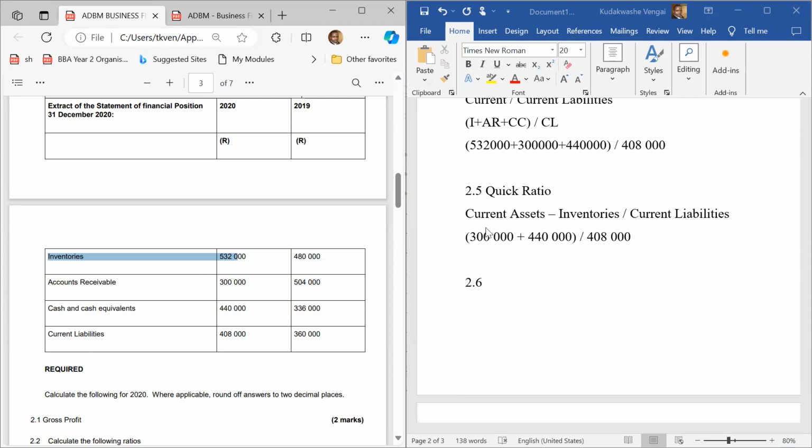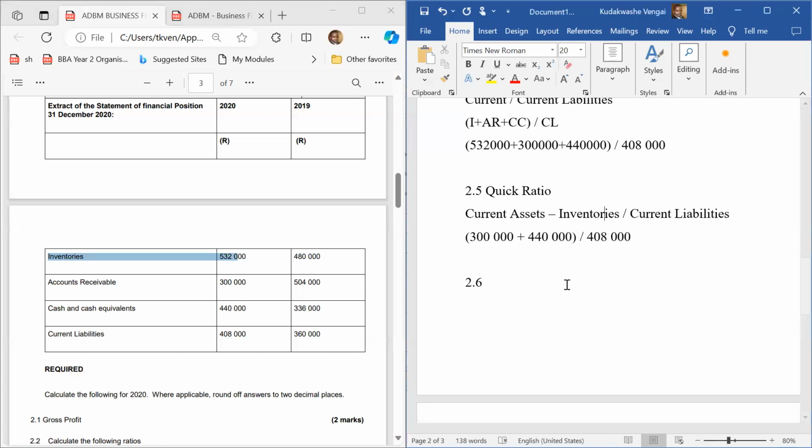So let's do it this way, right? We said current assets minus current inventories. What are your current assets, if I may ask you, of the things listed here? Accounts receivable. Yes. Cash. And inventory. And inventories, right?